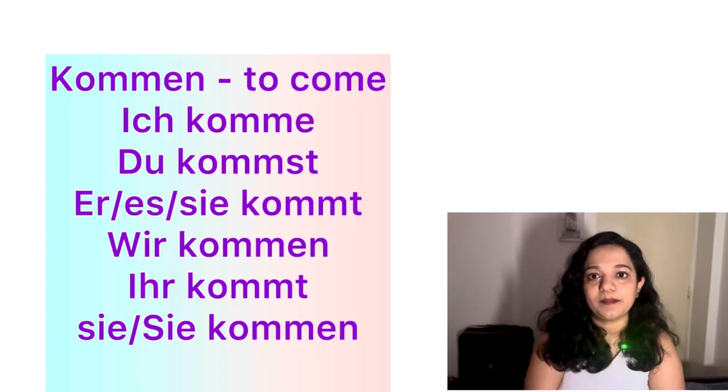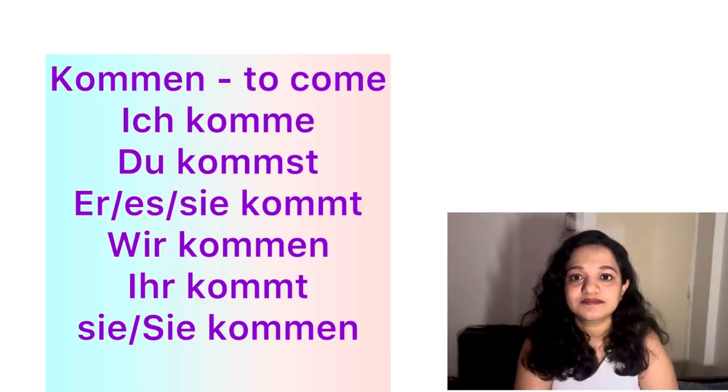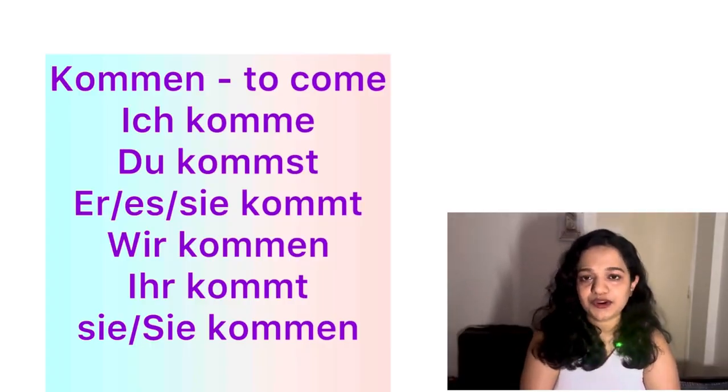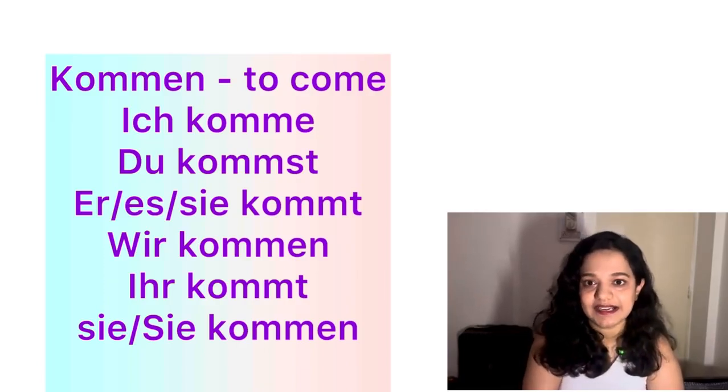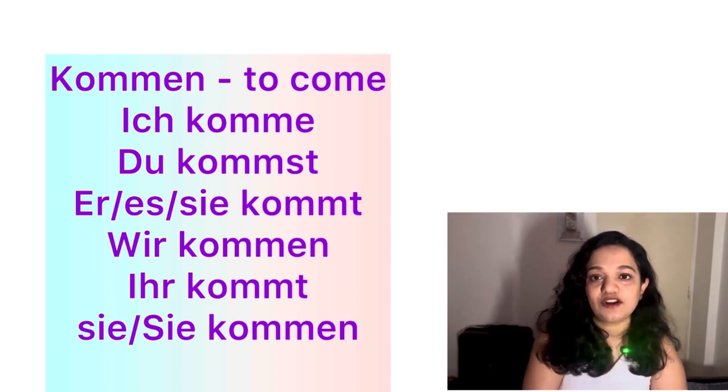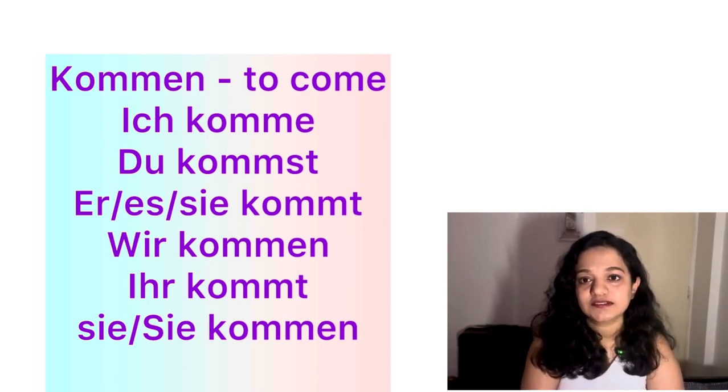As we know the definition, conjugation means changing a verb according to a person, okay? Let's take the verb kommen. Kommen means to come. We are going to remove this en and add suffix endings according to the person. Let's take the table of personal pronouns first.